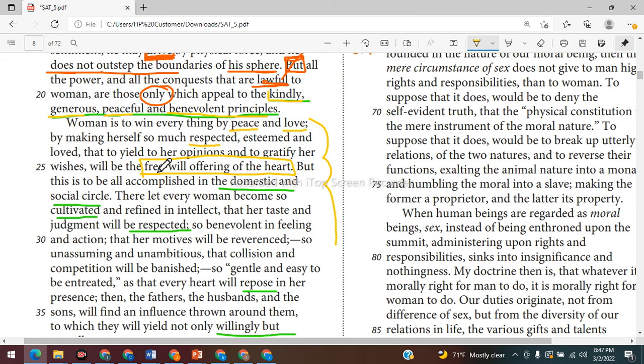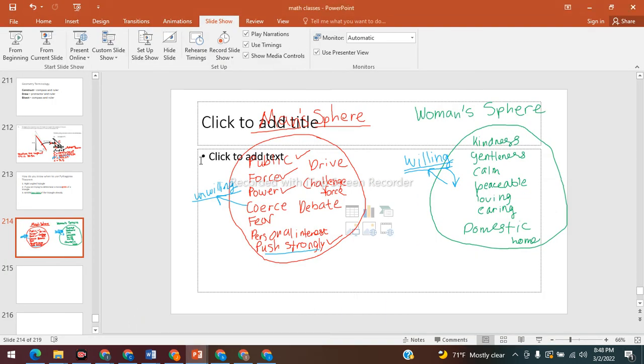And then she says, but I love this. This is all to be accomplished in the domestic and social circle. So the man, his sphere is public, right? Public, like outside, in the courtroom, in the parliament, whatever.